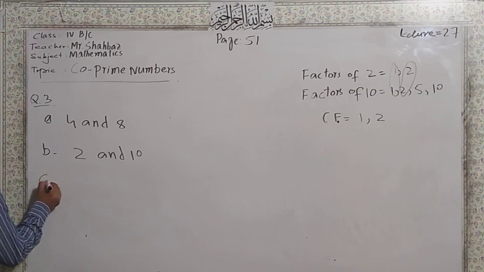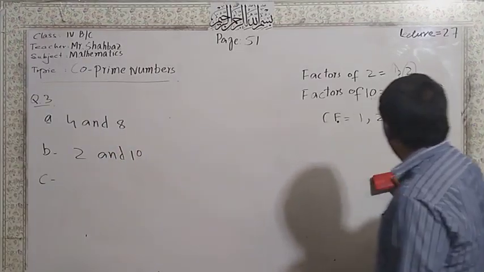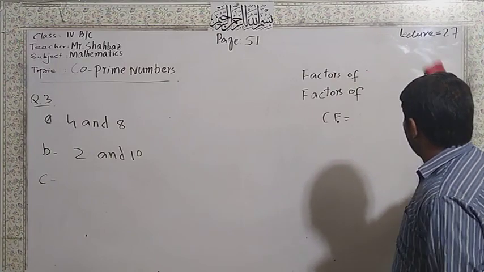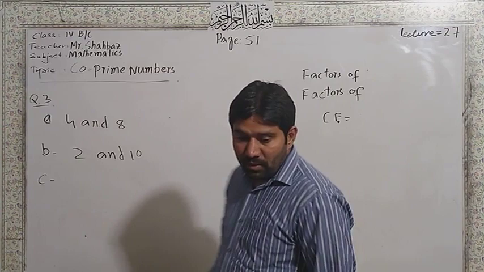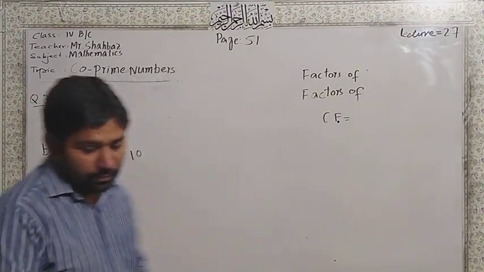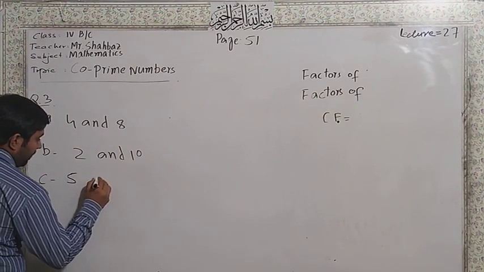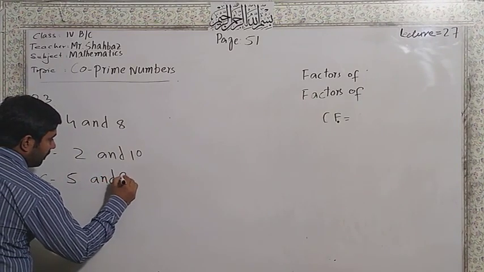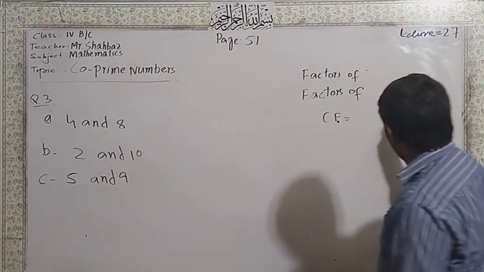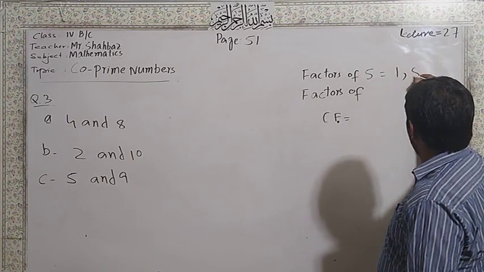Next you have C. You have to circle which are co-prime numbers. C is 5 and 9. You again find the factors of 5: 1 times 5 is 5, 5 times 1 is 5.